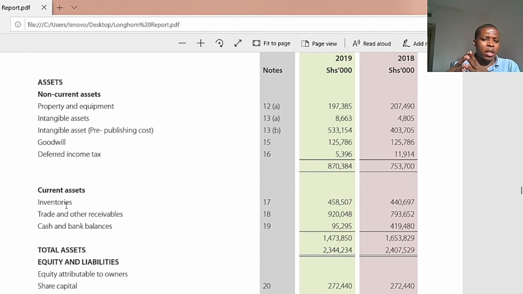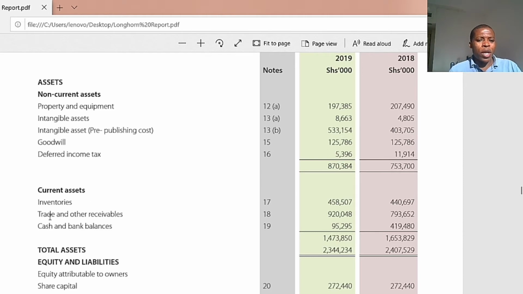But if the inventories are reducing, it means the company is selling. That's basically what it means. But mainly, I prefer to read through 6 years and above so that I can see the whole picture, because 2 years is not good enough. If you're going to read through company financials, especially the balance sheet, you need to read the past 5 years, and that's when you can get a clear picture of the company's performance.